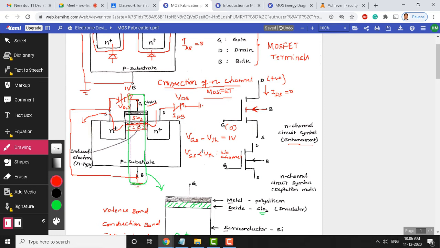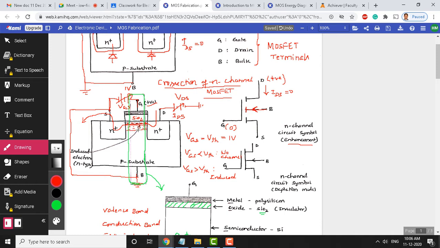Now, for VGS greater than VTH, if the gate to source voltage applied is greater than VTH, now we can say that there is an induced channel. You are seeing here the channel induced, and the more gate to source voltage we apply, the channel will be enhanced here.